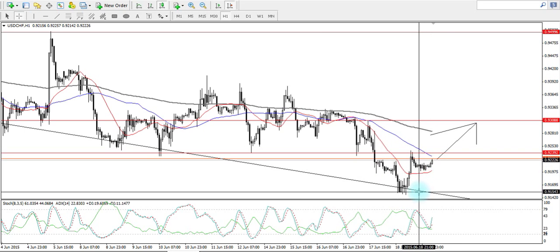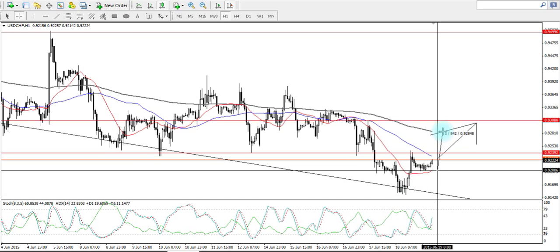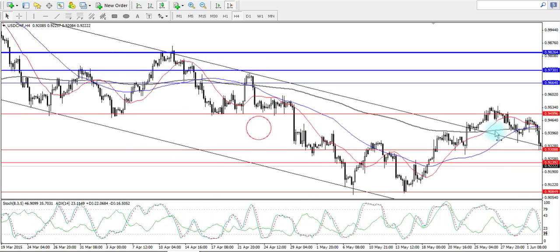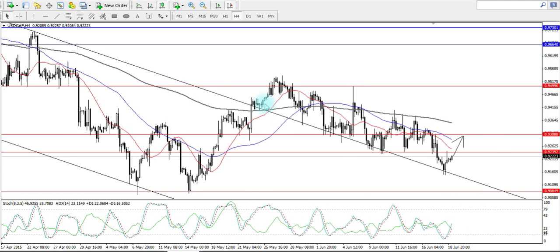Not too late yet, and we are expecting the first level to be close to the 200 moving average and slightly above at the price of 0.9293. That will be the key level to take profit if you are just trading this formation itself. And that's pretty much about it for the dollar against the Swiss franc.